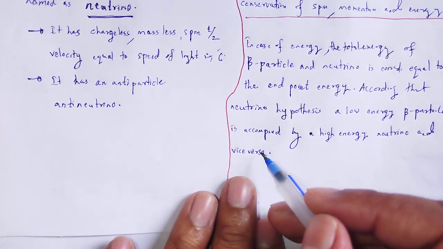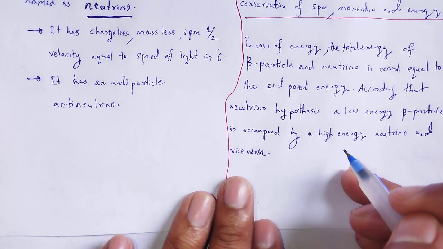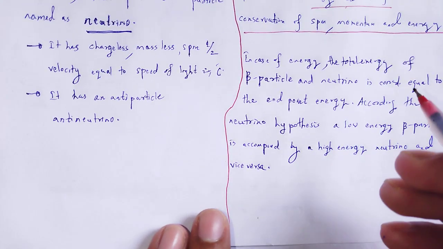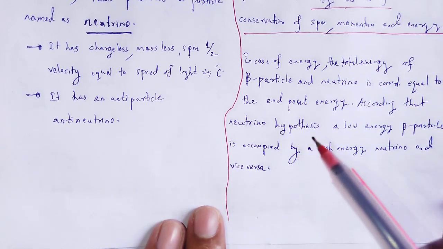Means a high energy beta particle is accompanied with a low energy neutrino. In this way, that energy is conserved.